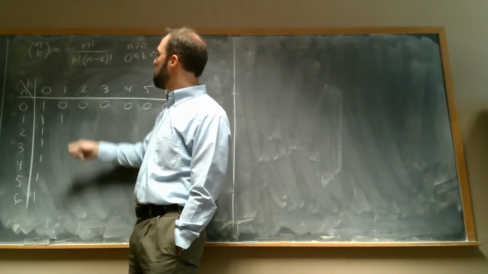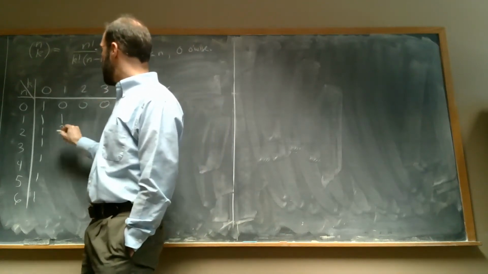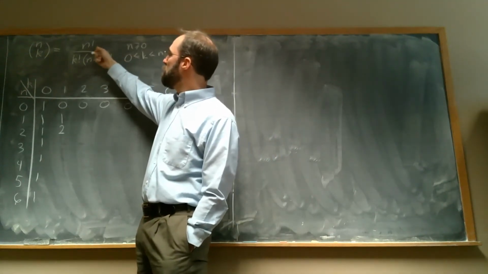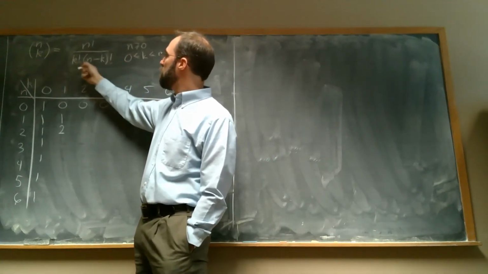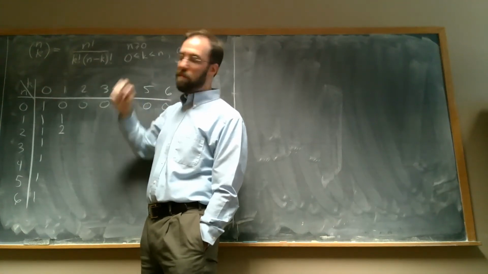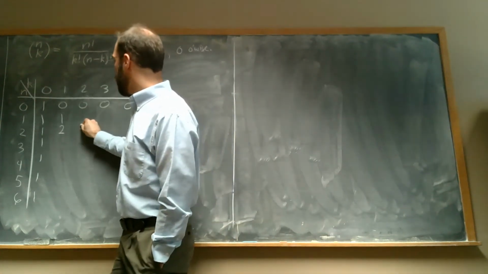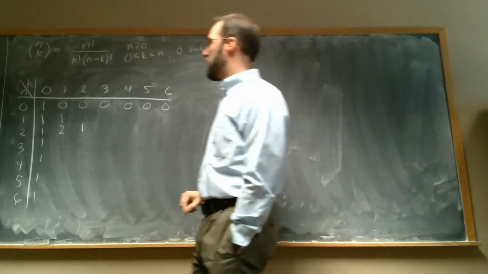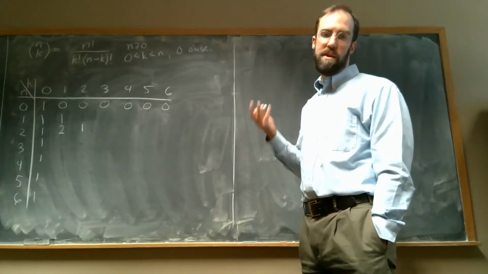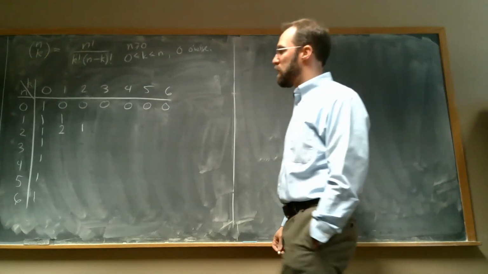You can also put the numbers into this formula and see that you get 2. So 2 factorial is 2. This is 1 factorial, and this is also 1 factorial. So I just get 2 divided by 1. And then this is again 1. So picking 2 things out of 2 things, there's just one way to do that. I pick both.